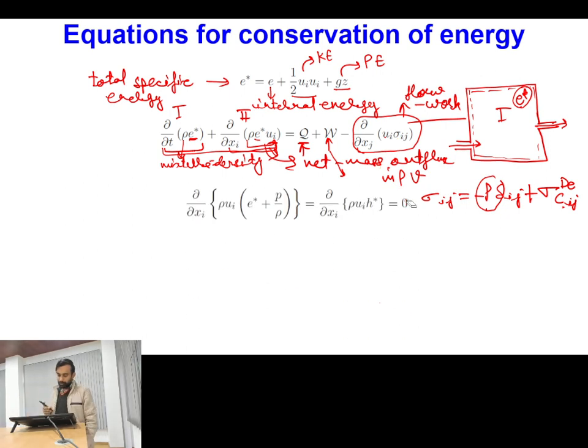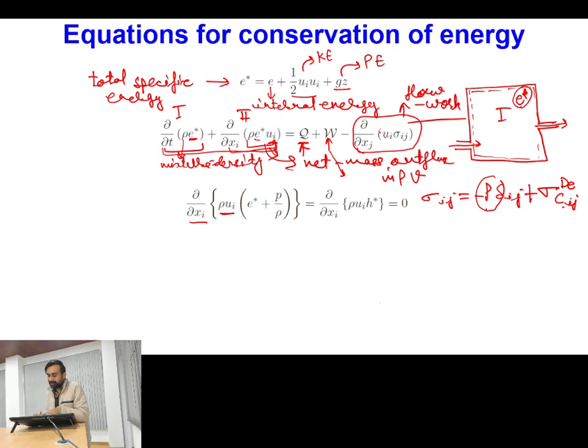Now, one interesting thing. I can also write del by del xi of rho into ui, this E star, whenever I will be substituting this term sigma ij as minus P delta ij plus sigma C dE ij.